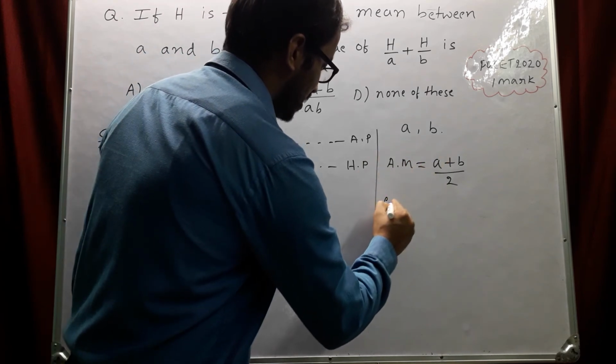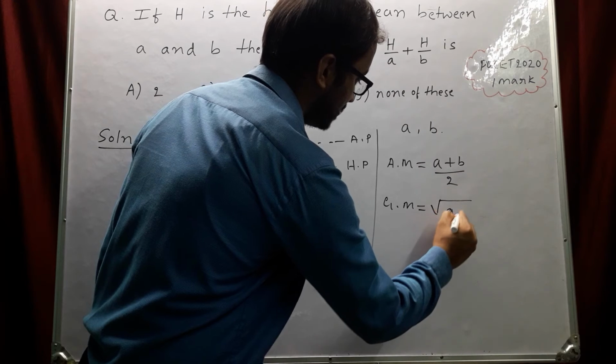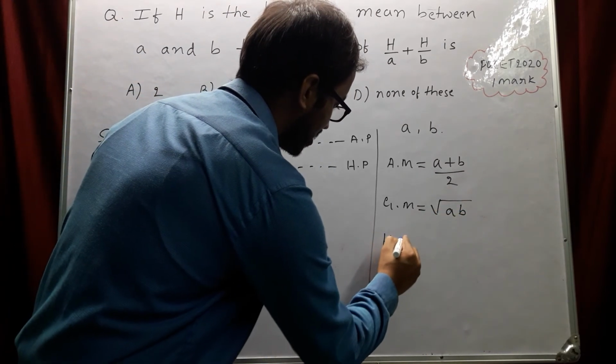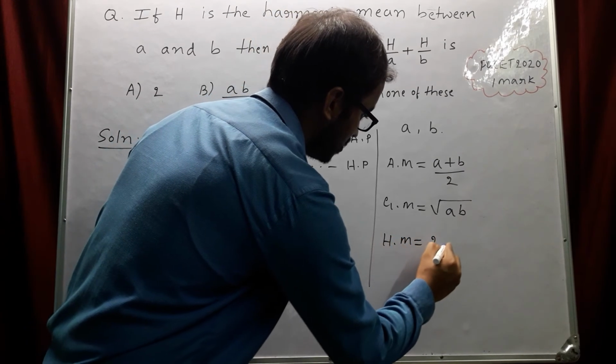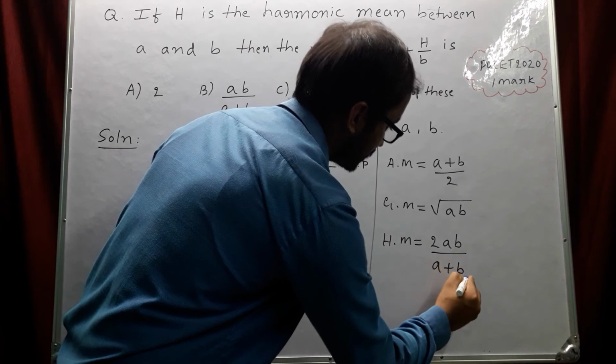Geometric mean is given by root of ab. Harmonic mean is given by 2ab by (a plus b).